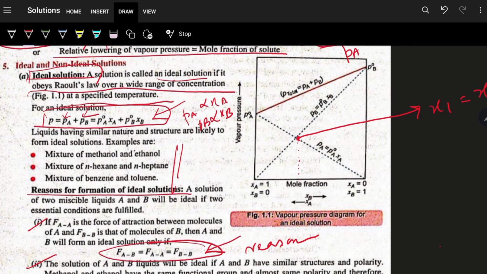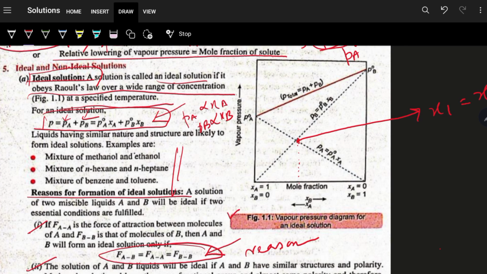So the nature of the plot is somewhat like this, which I said for a single component. Just see, assuming left hand side has no solute particles, and you are gradually adding the solute. So right hand side, you are considering solely the vapor pressure on account of the solute particles, because B we have considered to be solute.